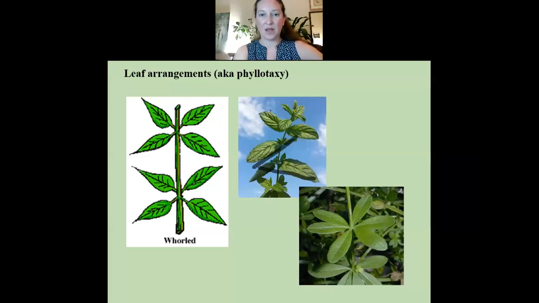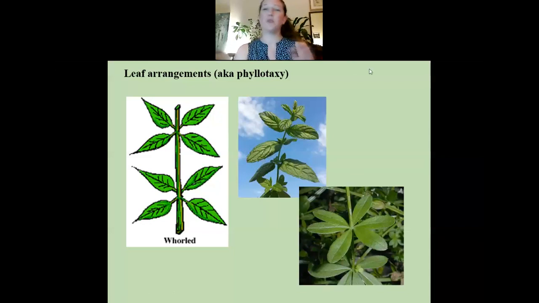Other times, whorled arrangement looks more like this, where instead of staggering it here and then up here, all the leaves will be in one spot, like in this example shown down here, which is a type of weed called a hedge bedstraw on the bottom right there.